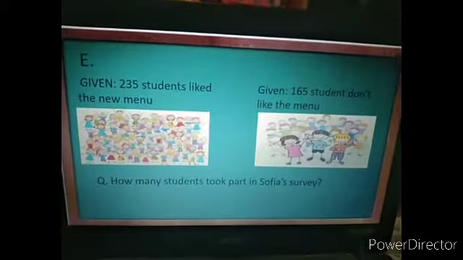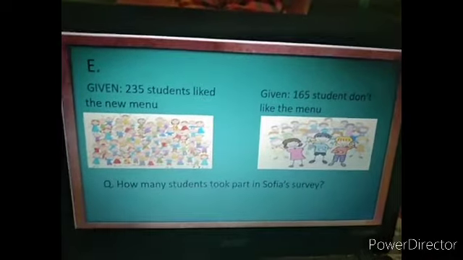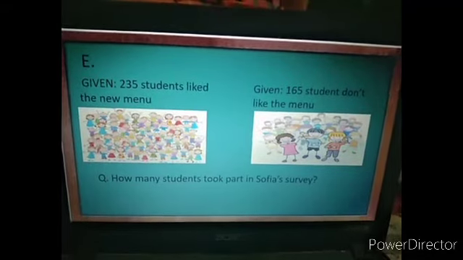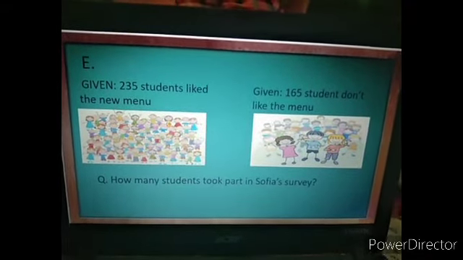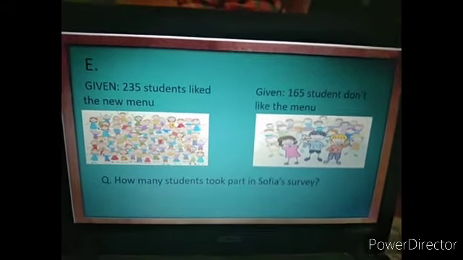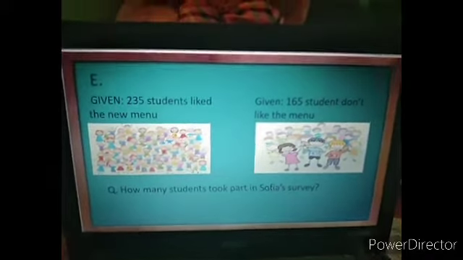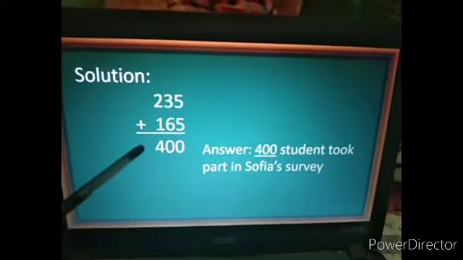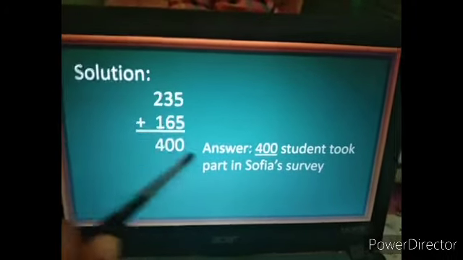Let's proceed to letter E. The given numbers are 235 students who like the new menu and 165 students who don't like the menu. How many students took part in Sophia's survey? We should add: 235 plus 165. 5 plus 5 is equal to 10.